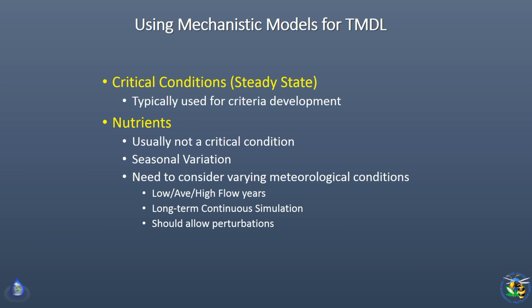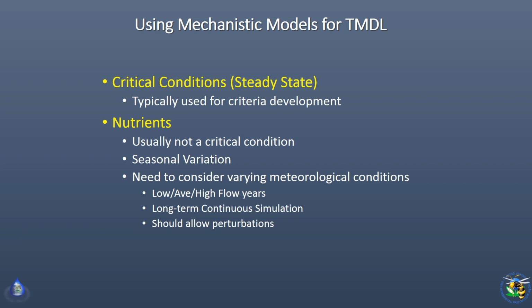WASP can be applied both as a time variable or a steady state model. In a steady state model, you would just set all of your time variable conditions to a constant value and let the model iterate to a steady state. Steady state approaches are typically used for criteria development and waste load allocations. For nutrients, it's typically not a steady state condition.